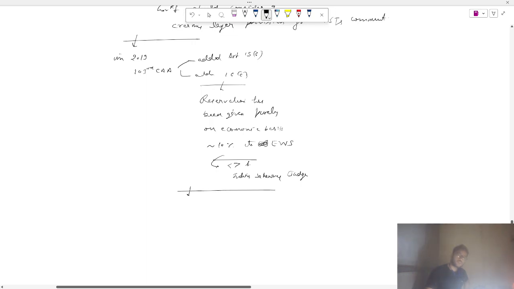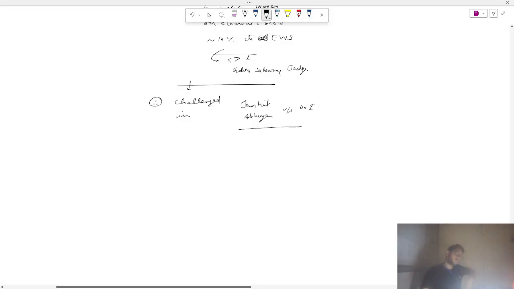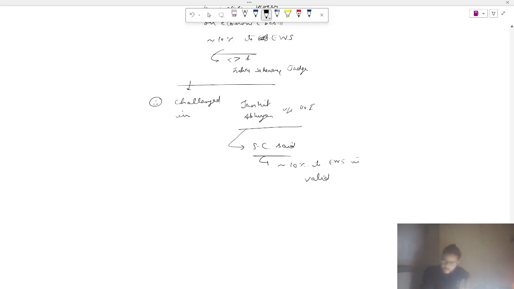So this has been challenged in Janhit Abhiyan versus Union of India. According to this, the Supreme Court upheld the validity and said the 10% to EWS is valid, that you can give the reservation on the basis of economic criteria.